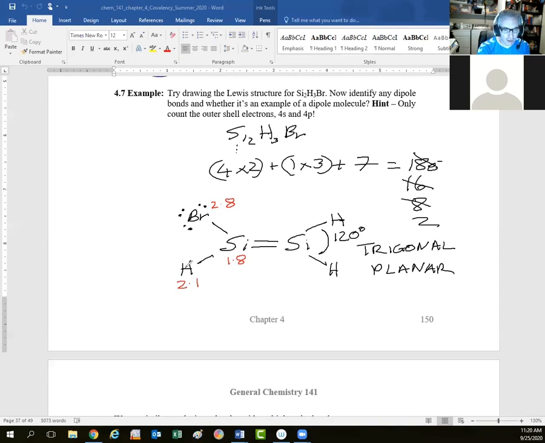So from the hydrogen to silicon, the electronegativity difference is just 0.3. That's not enough for a bond to be polar. Remember, our range, inclusive range, is 0.5 up to 1.9. Anything below that is covalent.